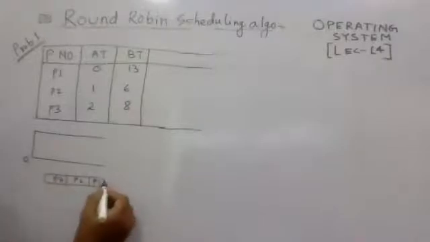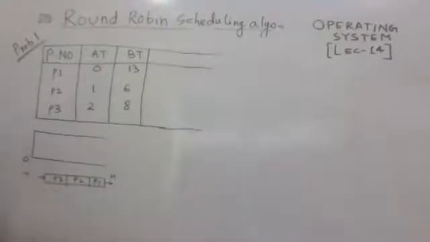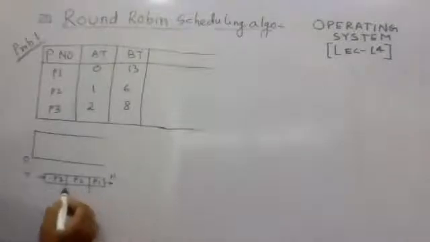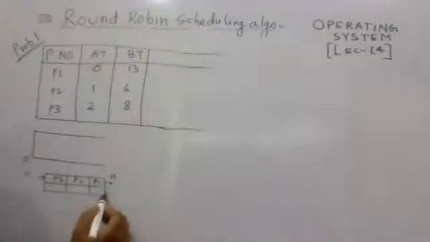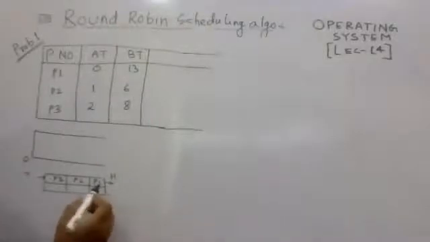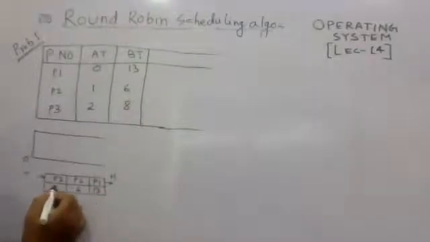This is actually head and this is actually tail. And here the assigned burst time, this is actually 13, this is 6, and this is 8.